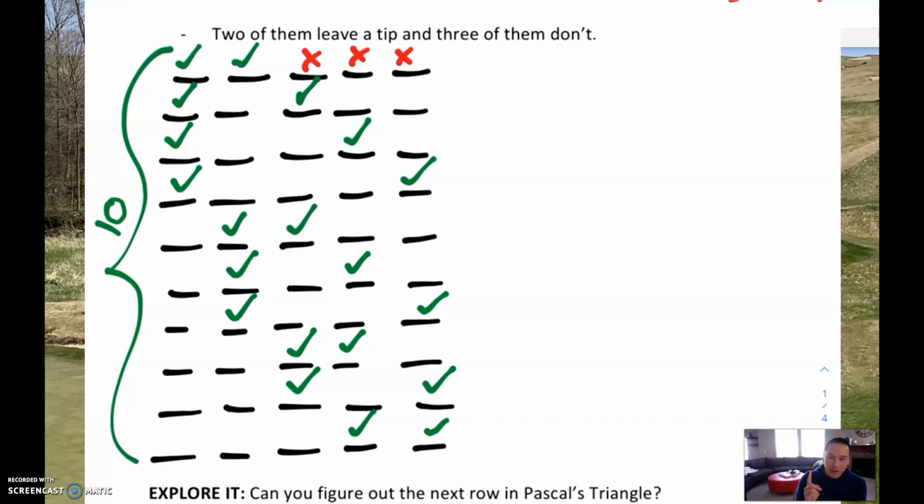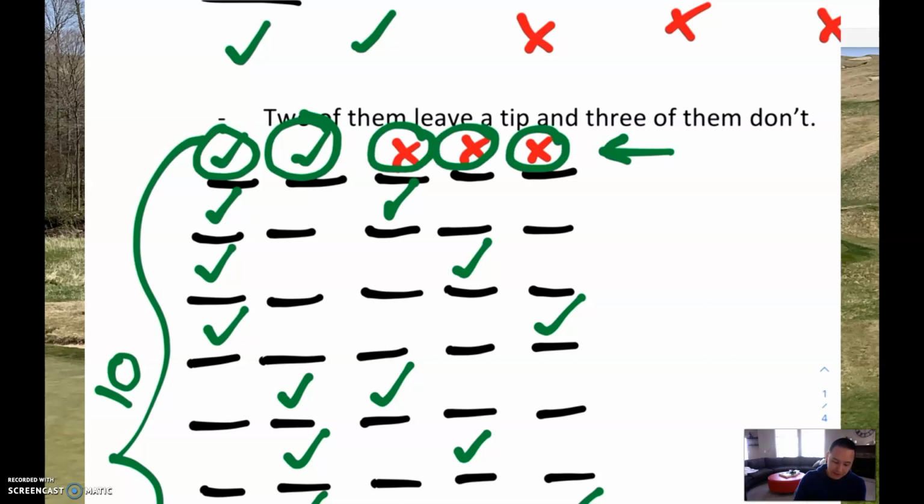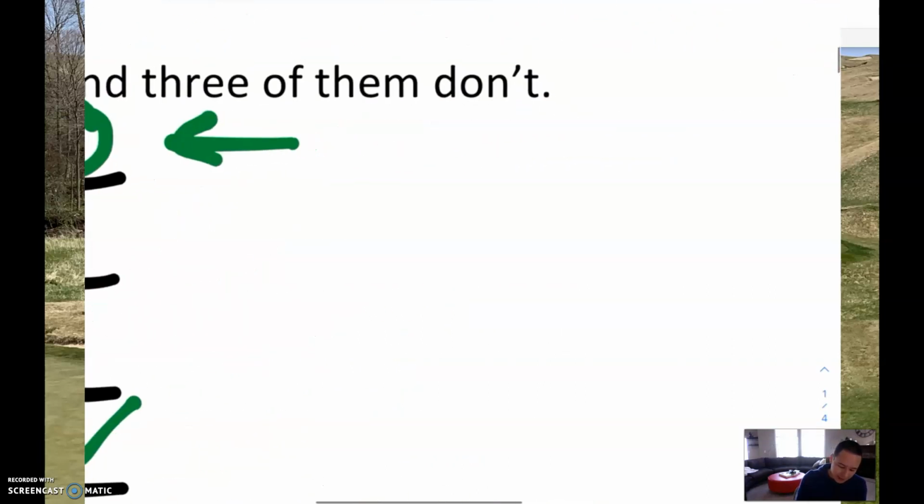Now, if I want to calculate the probability of this row, we can just multiply them. This is 0.35 times 0.35 times 0.65 times 0.65 times 0.65, and we've already done that calculation. It's 0.0336.